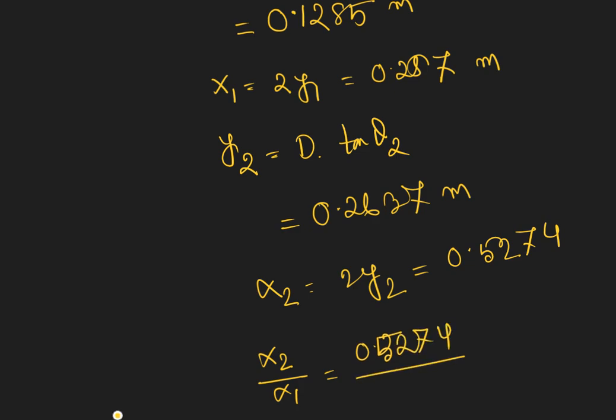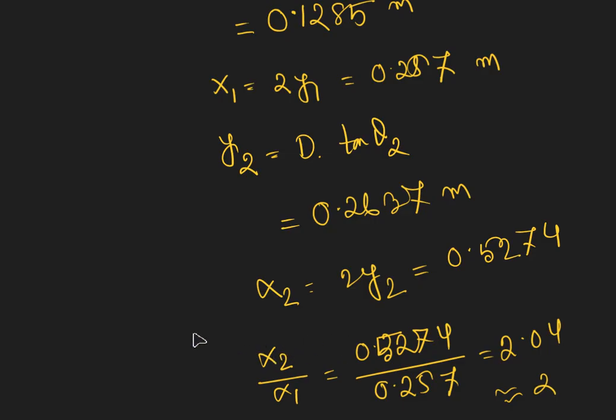Now if we do the comparison or verification, x2 over x1 is equal to 0.5274 over, pardon, it will actually be 0.257, so our value will be 2.04 or maybe 2.